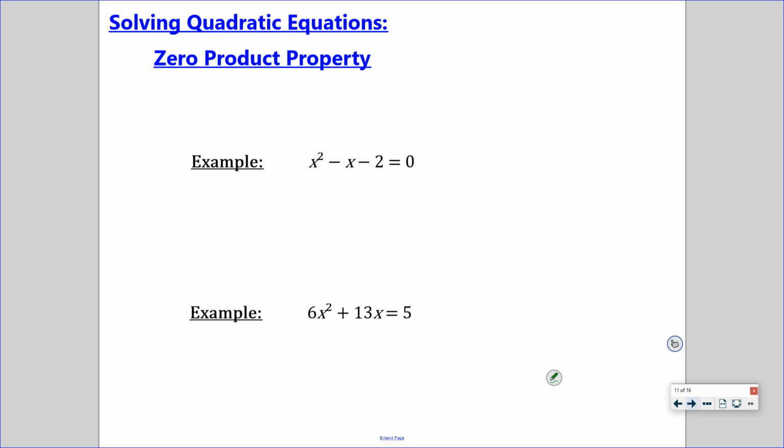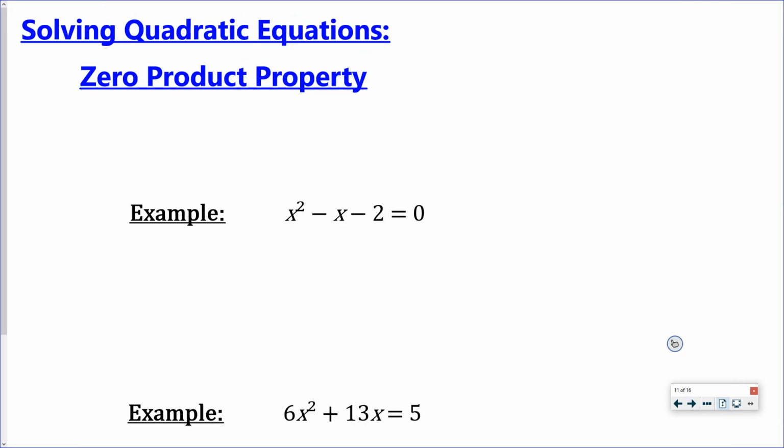All right, so let's try some. Now, before we get to solving, you have to understand this one property. It's called the zero product property. I often just say ZPP. It's kind of common sense.